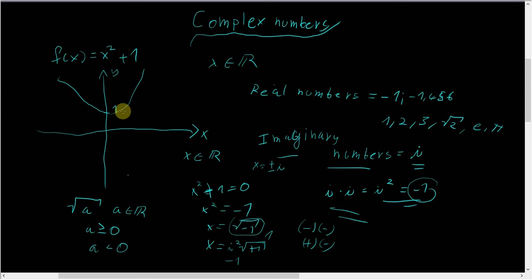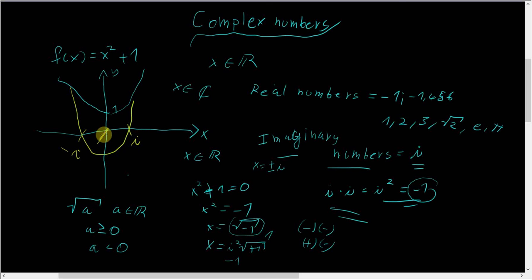So the solution to this in real numbers, there is none, but the solution to this function in complex numbers, you could imagine it as extending this function, and sort of this would be the 2 points of intersection on the x-axis in the complex number plane.